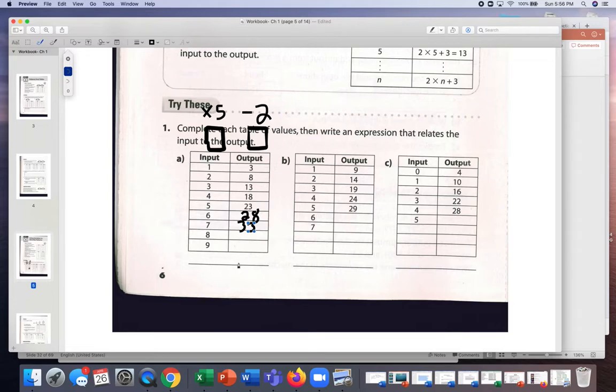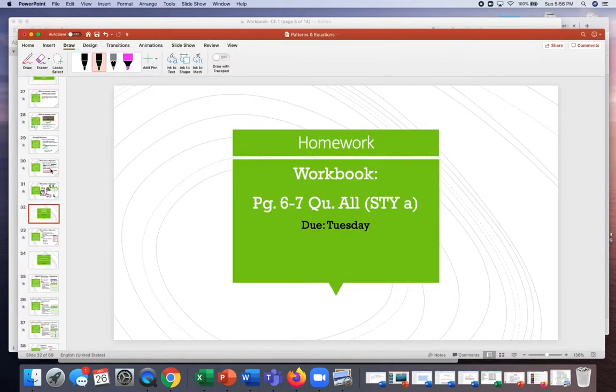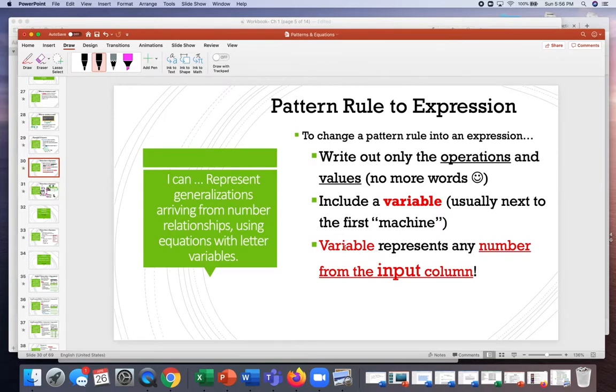Now, the key thing I want to help you with is figuring out this expression. So, all that we're going to do, if we go back to our original page, is this. The variable represents any number from the input column. So usually the variable is next to the first number in the machine. Alrighty.